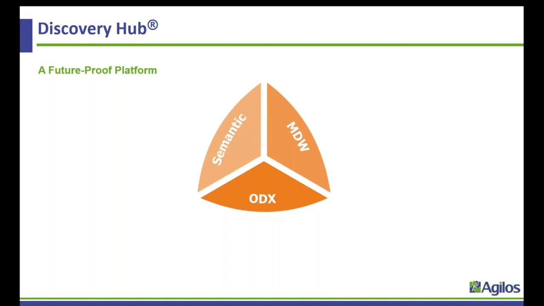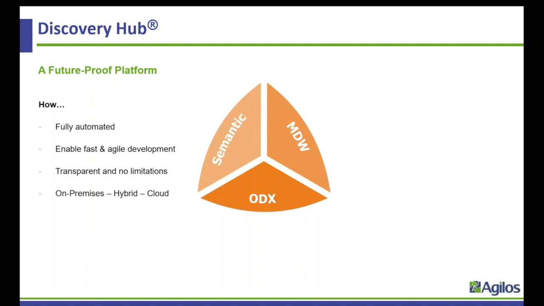What does that platform allow? Well, it allows you to fully automate whatever data process you want to put in your environment. It allows you also to very quickly and in a very agile way develop your data transformations and your data movements, so that at the end you can get a data set that is centralized in a modern data warehouse structure.